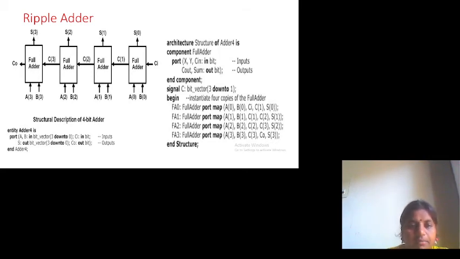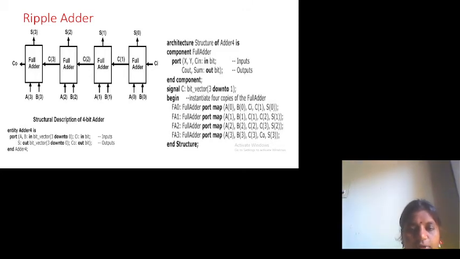Ripple carry adder. The structural representation: similarly, a one bit full adder can be implemented. Let us consider this is the one bit full adder. A of 0, if I have declared this as a vector type, A is the input of 4-bit data vector.